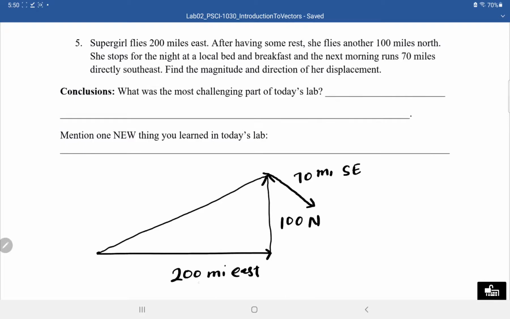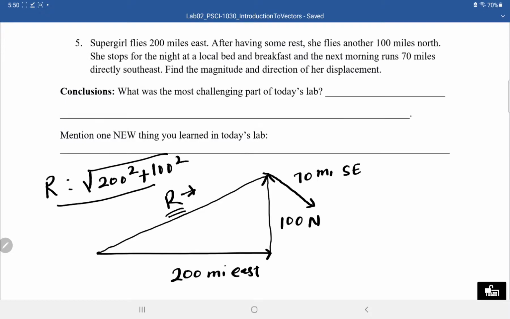This is north, this is east, so simply you can use the Pythagoras theorem to find the resultant of these two vectors. This r, the longest side of the triangle, is equal to the square root of 200 squared plus 100 squared, because cos theta here is 0. This gives you the value of this r.